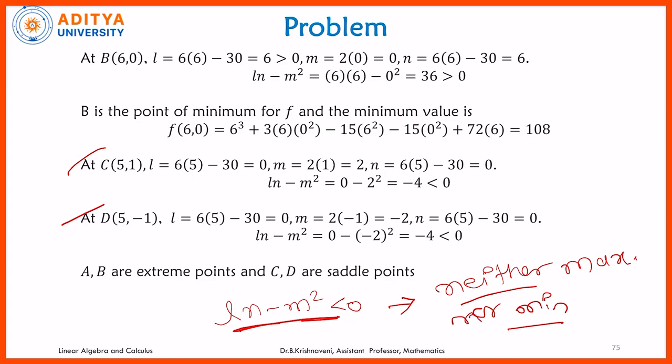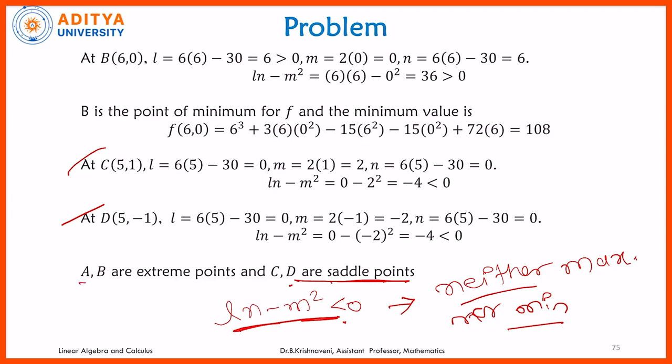That means it has no maximum or minimum at that point, and we call those points saddle points. Hence at C and D, that is (5, 1) and (5, minus 1), we are getting the condition ln minus m square less than 0, for which the function has neither maximum nor minimum. Therefore, we call points C, D saddle points.